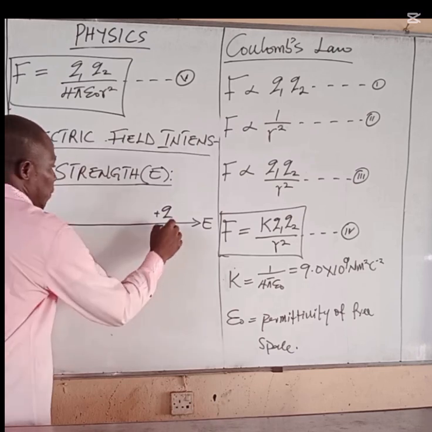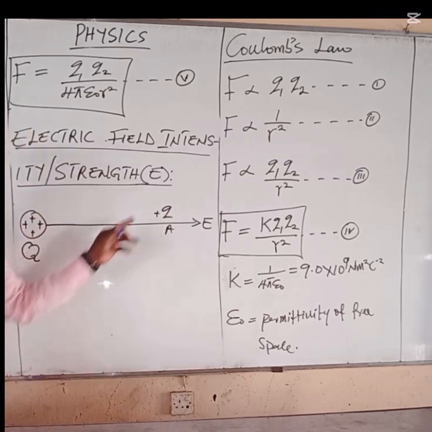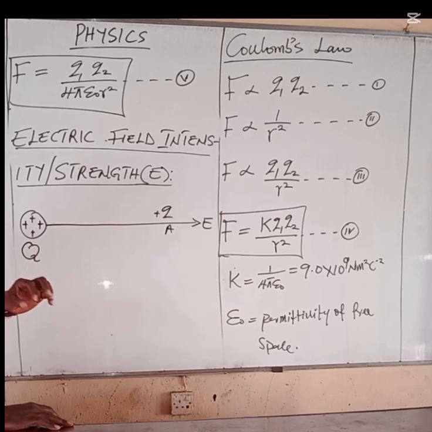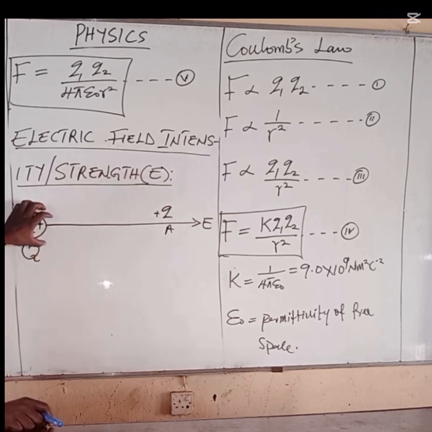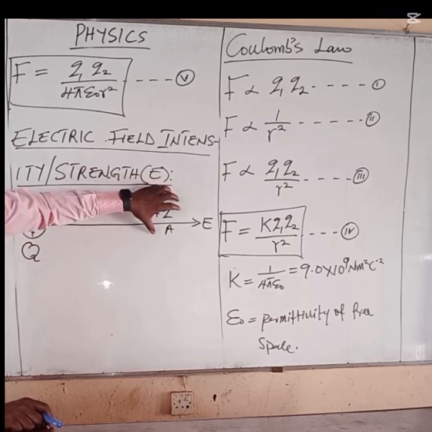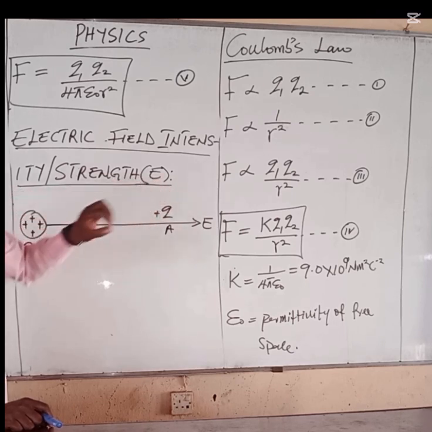At this point A, we have a test charge. What we call electric field intensity is the intensity of the force that this point charge is exerting on this test charge. That is what we are calculating. The intensity of the force of this point charge on this test charge is what we call electric field intensity.